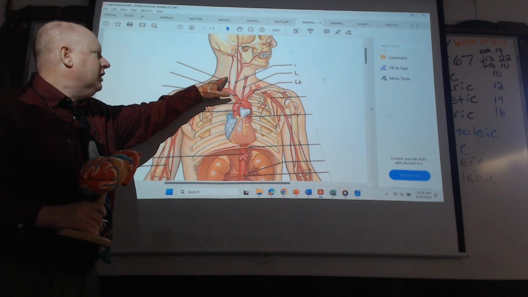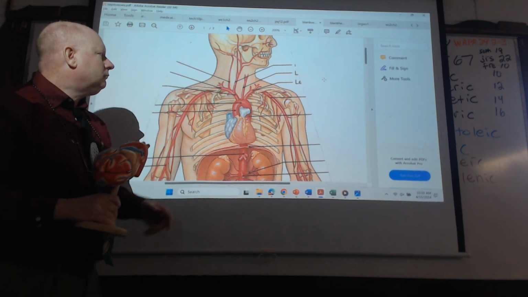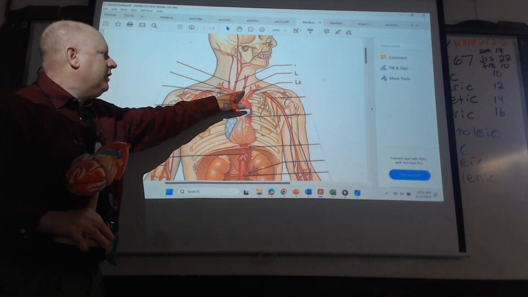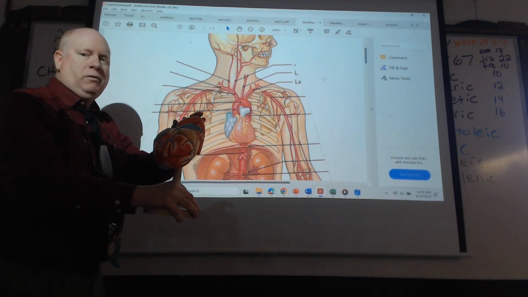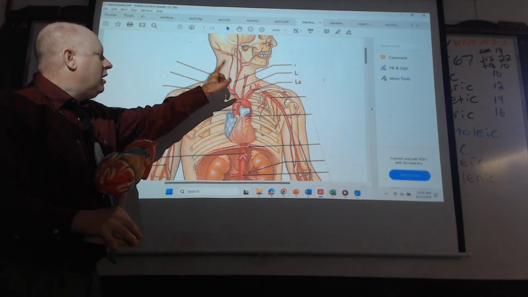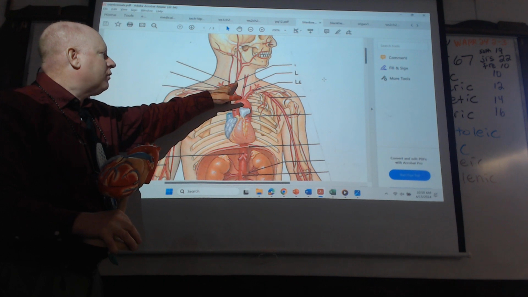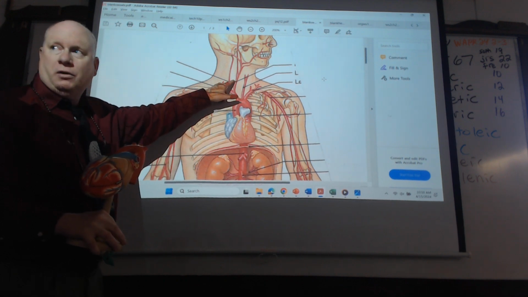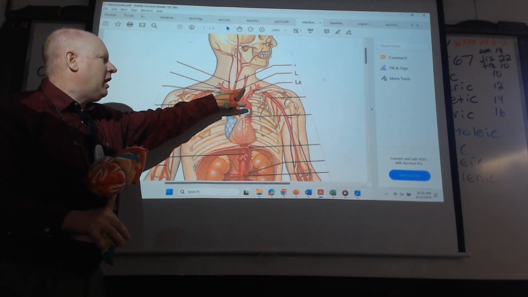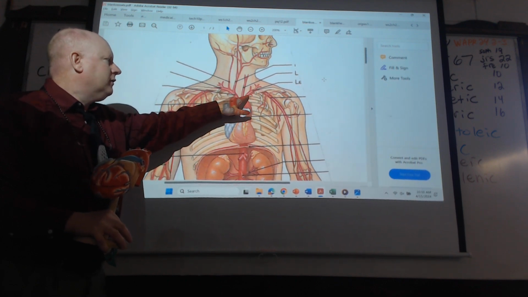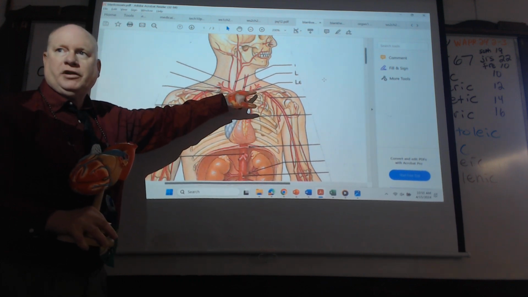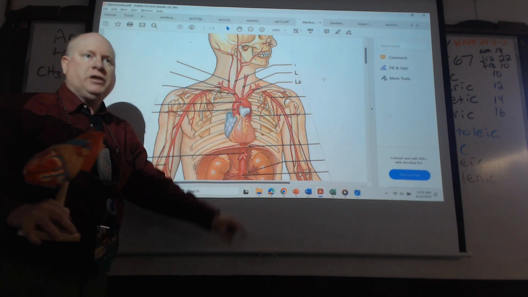Then we have the internal carotid artery right here. Which vessel is this then? It's the middle one here. Here you have a right common carotid, and here you have a left common carotid. And what's this vessel called? Starts with an S. It's going to be your subclavian.